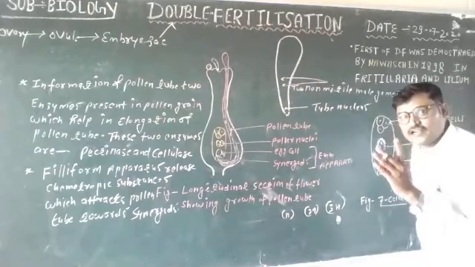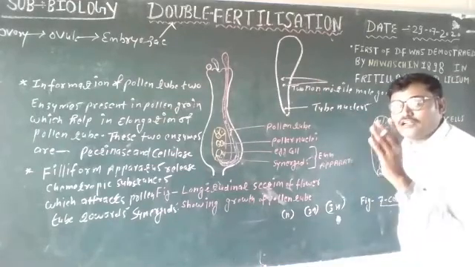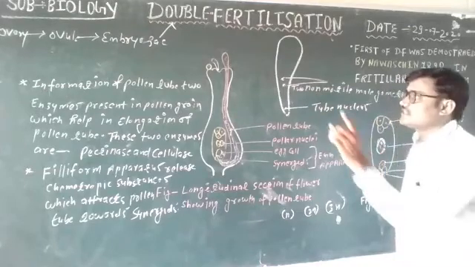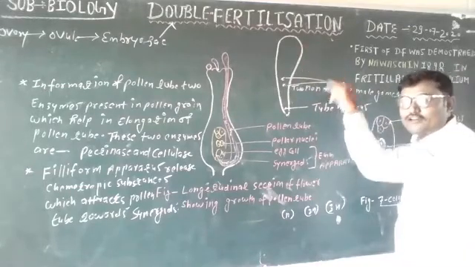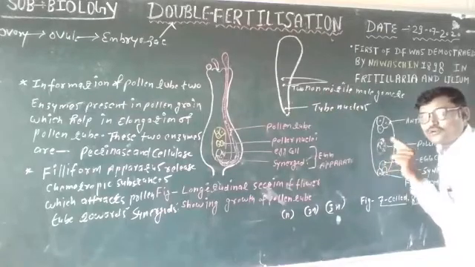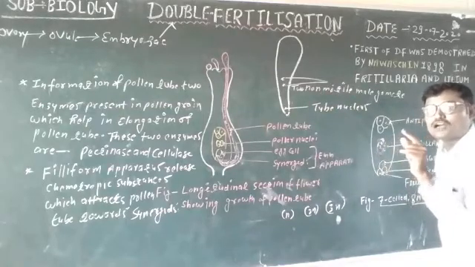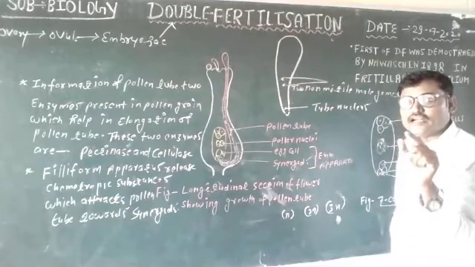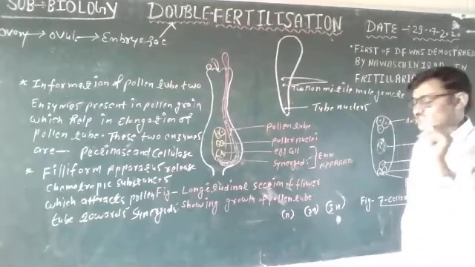It means twice fusion takes place. That's why it is known as double fertilization. And in this fusion, three nuclei are involved. That's why it is known as triple fusion.